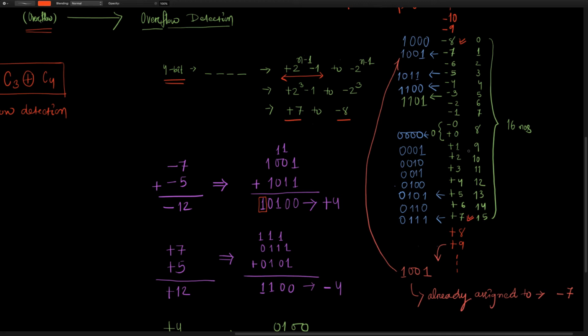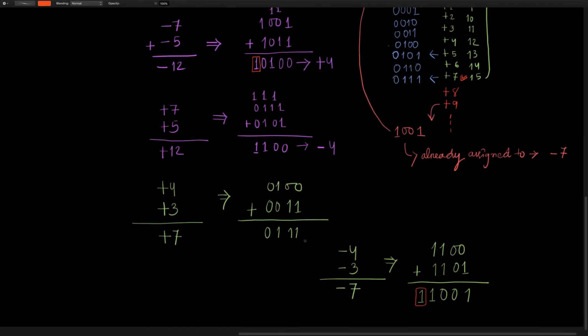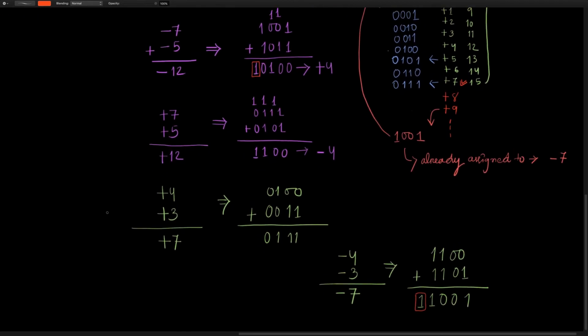Okay, and we have the same address for both negative 0 and positive 0 here. So a total of 16 signed 2's complement binary numbers can be represented here. Now let's consider the first case.